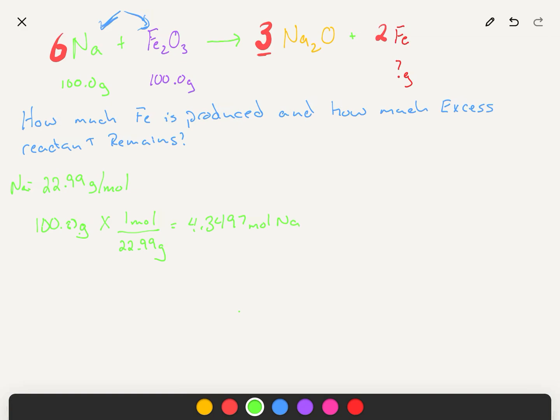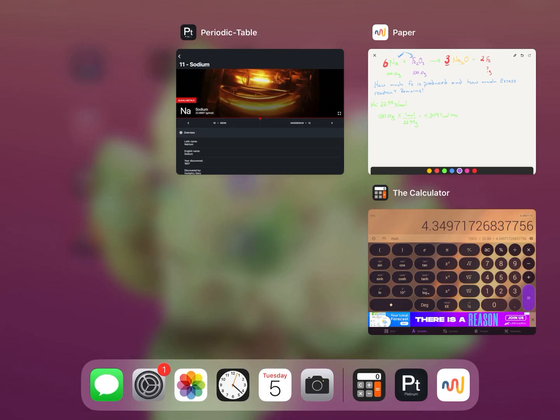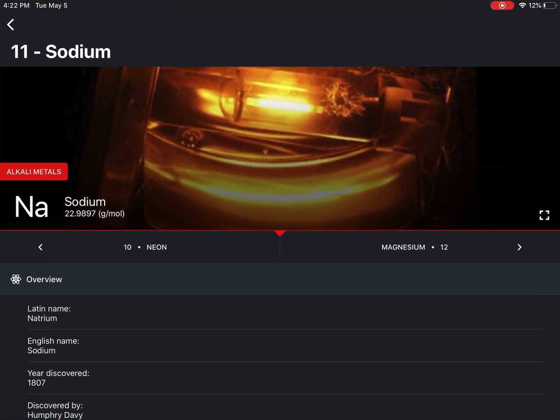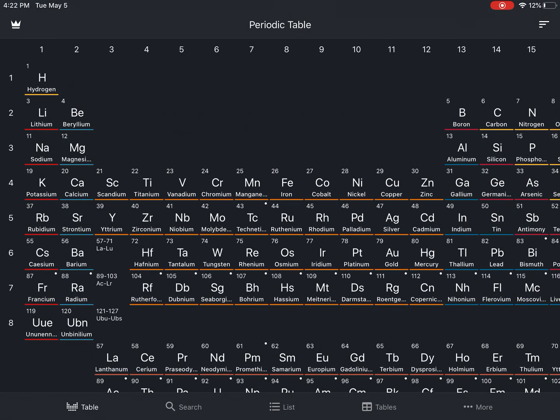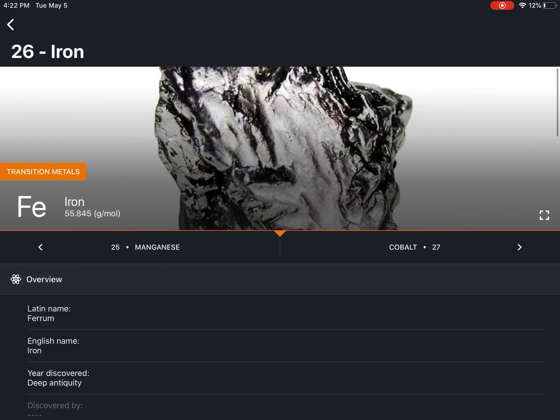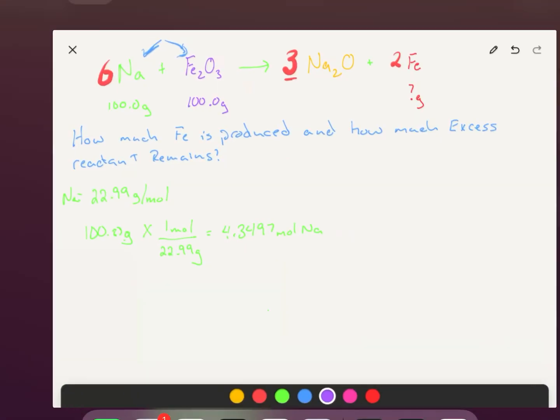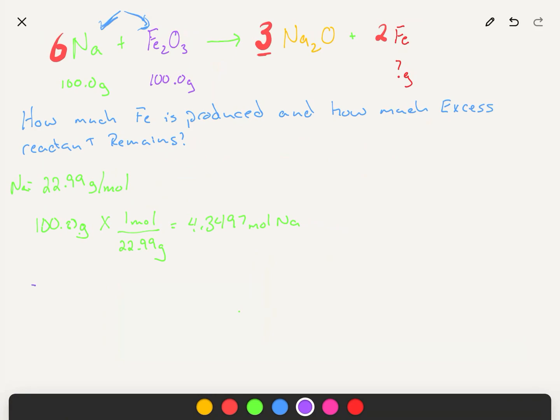We also have iron(III) oxide, so let's calculate the molar mass of iron(III) oxide. Iron has a molar mass of 55.845, and we have 2 of those.